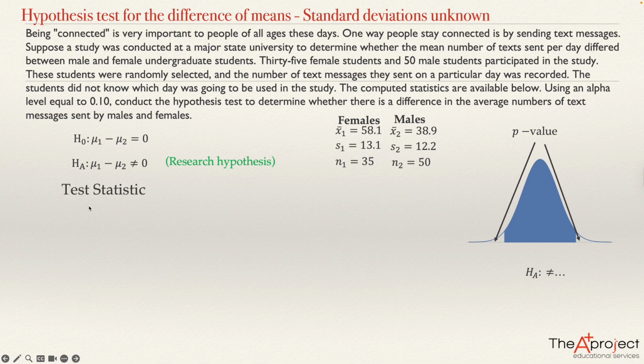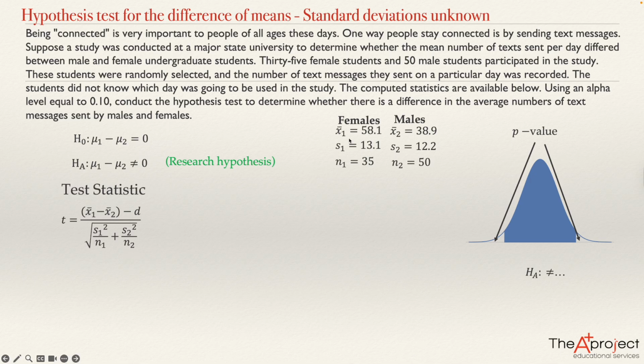Let's see. We have a formula for the test statistic, and in this case it is x1 minus x2, the difference of the samples, minus the difference in the null hypothesis, and the null hypothesis tells me that mu1 minus mu2 equals 0. So this is 0. These standard deviations are given, the means are given, and n1 and n2 are given.